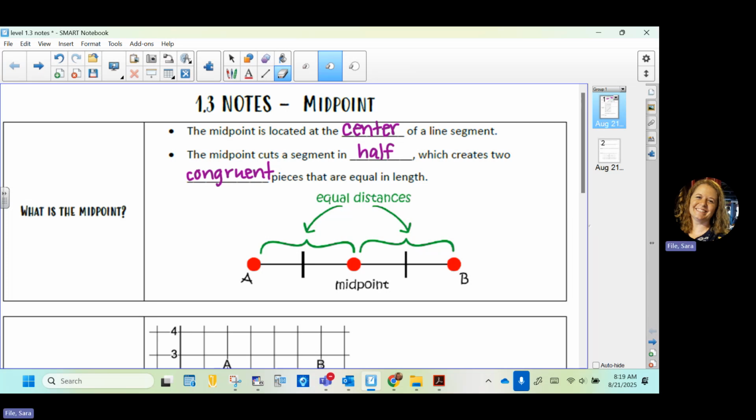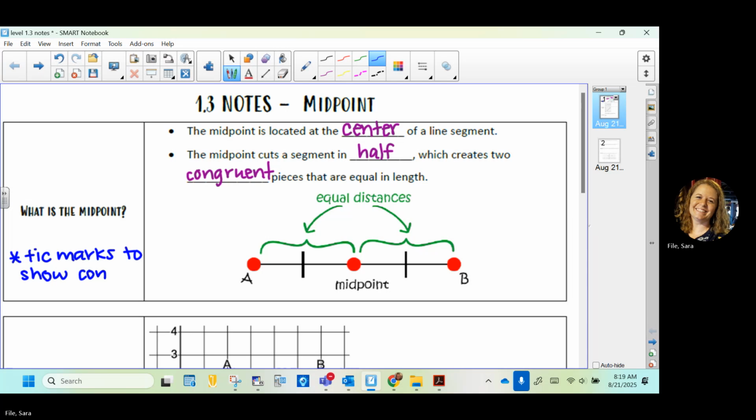If you need to make a little side note, we use tick marks to show congruent. Those are called congruence markings. As long as they have the same number of tick marks, they're congruent.